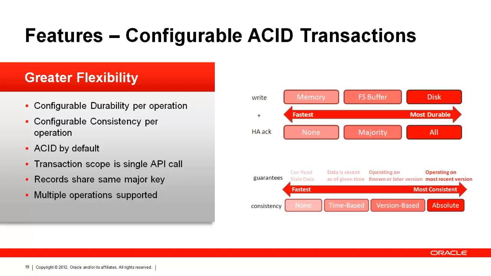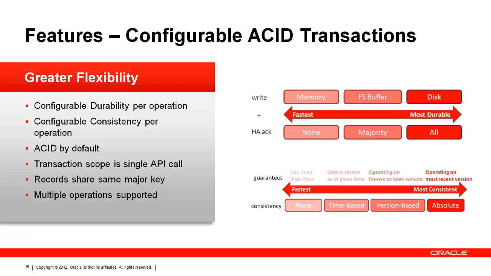Okay, and then when it comes to the reads, you can also get the same kind of guarantees of read consistency. You can say, hey, I'll take it from anyone, I don't care how out of date it might be, I just want to read. Or you can say, I want to make sure that whatever replica I read from is not out of sync from the master by more than 0.2 of a second.